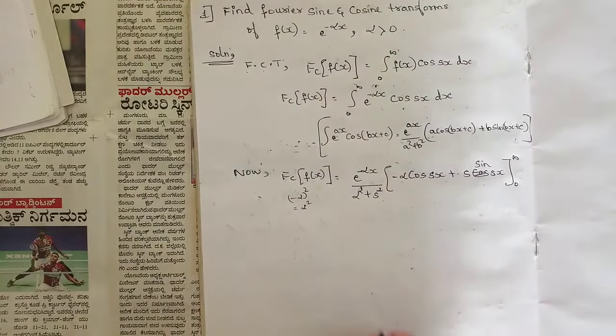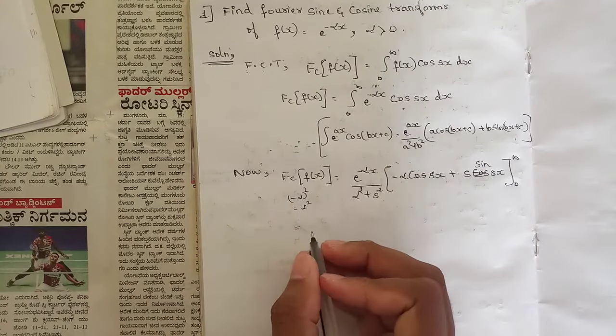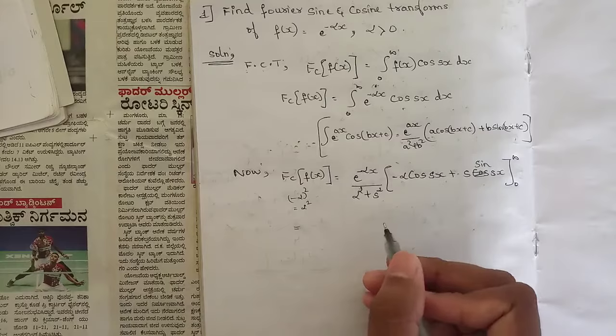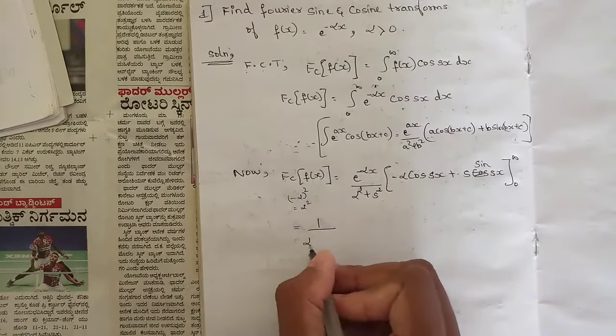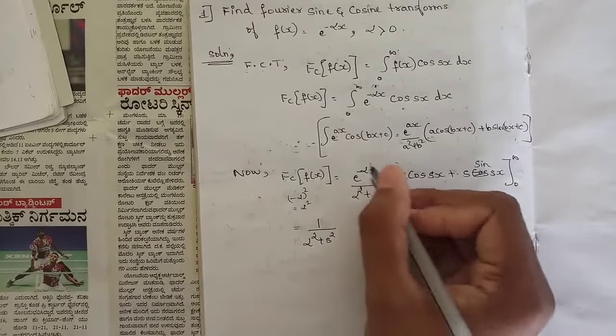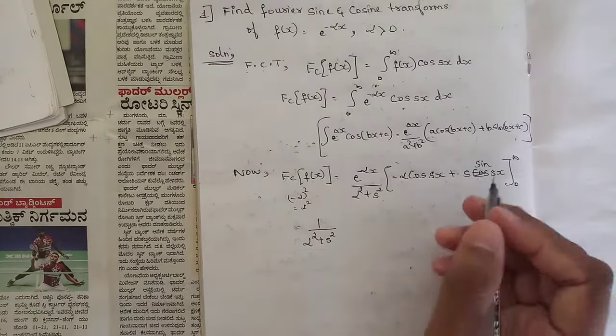Now here we can take 1 by alpha square plus s square common, and multiply e to the power minus alpha x to both the terms.